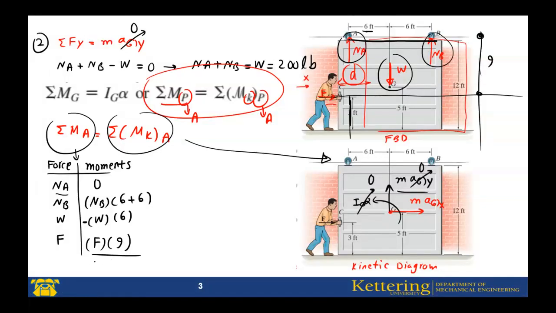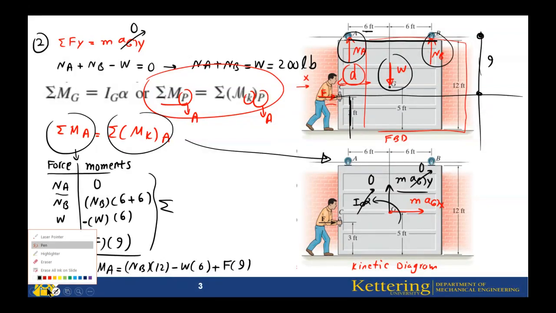Now, if I sum all of these ones, this will be summation of the MA. It is NB multiplied by 12 minus weight multiplied by 6 plus force multiplied by 9.